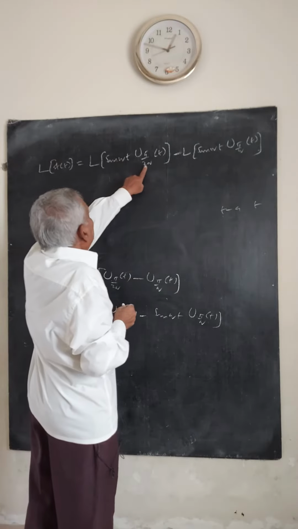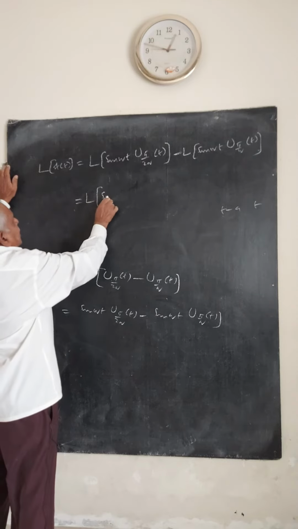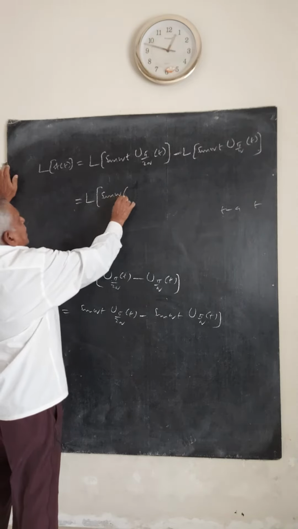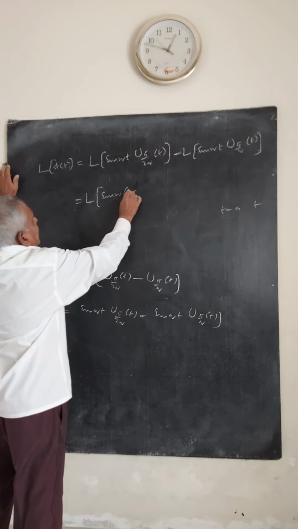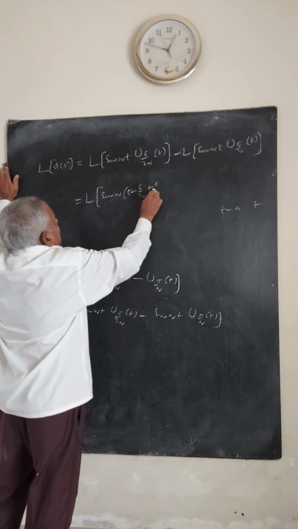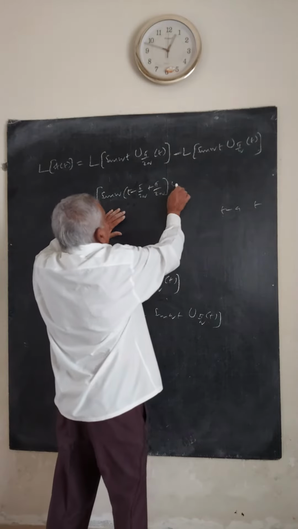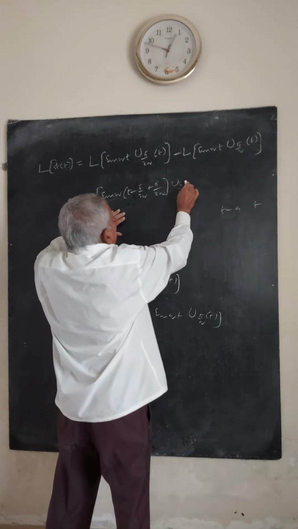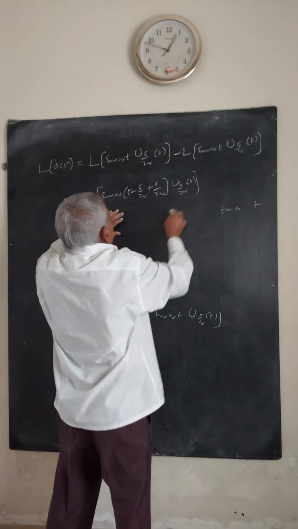Here a is pi by 2 omega. Therefore, L of sin omega of t minus pi by 2 omega plus pi by 2 omega, creating u of pi by 2 omega t.